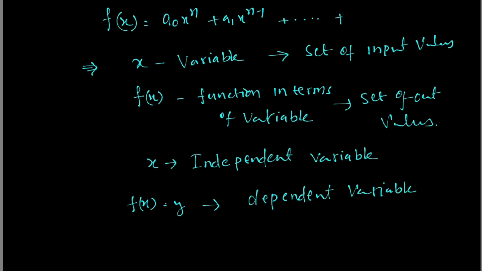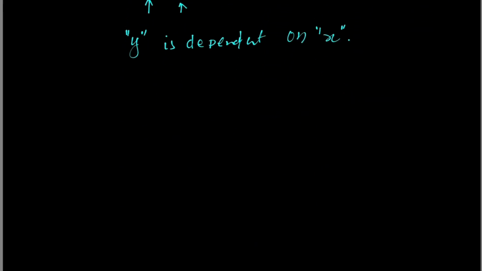Until you give the input value, you don't get the output value. Until you give the input, that is x values, definitely we are not going to get any values as output. So y is purely dependent on x. Y is dependent on x.